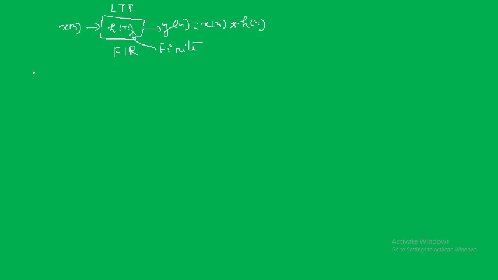Now if we look into the response y of n of an FIR filter, we can write it as y of n equal to b naught x of n plus b1 x of n minus 1 plus so on, b n minus 1 x of n minus capital N minus 1.